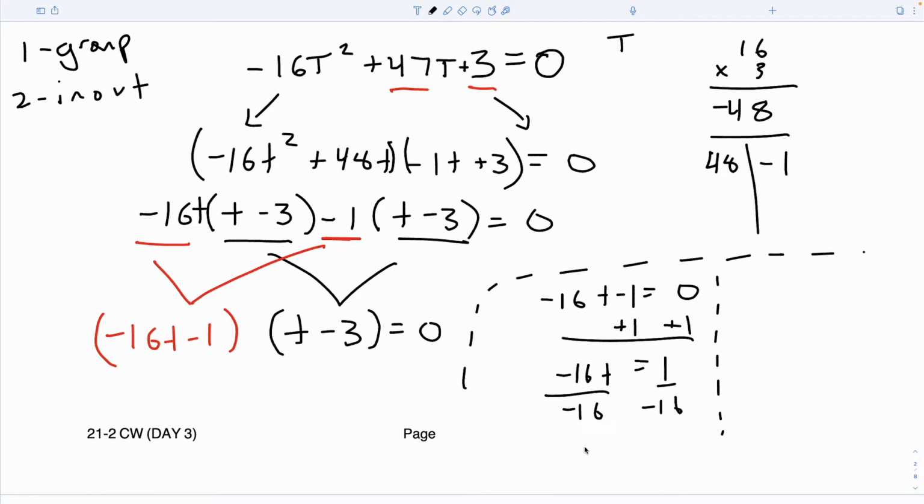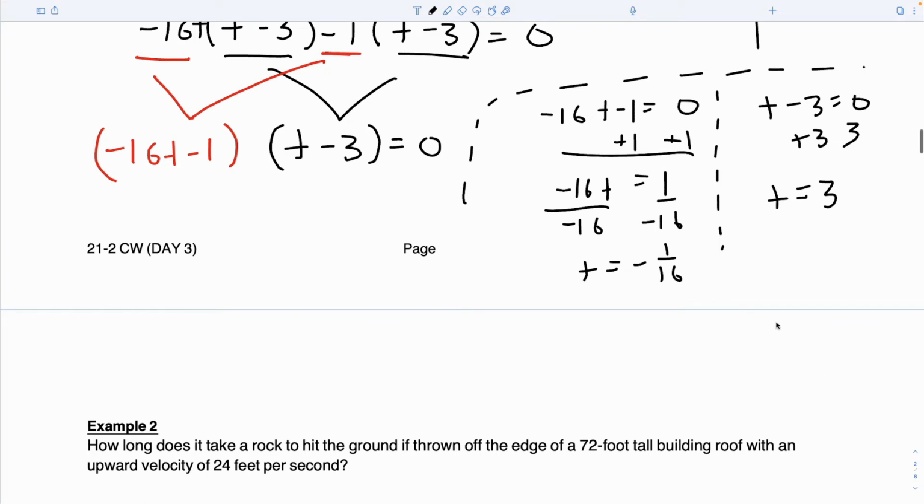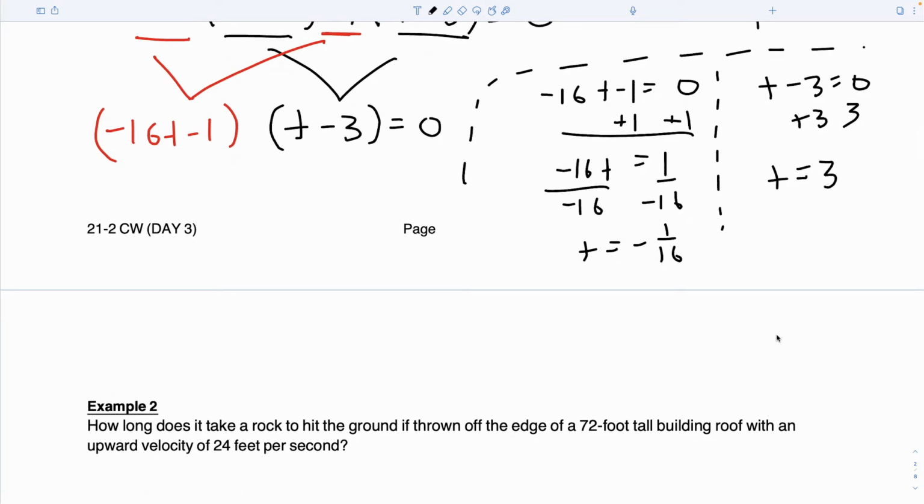You get t equals negative 1/16. Don't circle it yet. Just keep that to the side. Let's find the other one, t minus 3. Zero product property tells me that this thing has to be 3. So you have two options. T, the time, is either negative 1/16 seconds or 3 seconds.